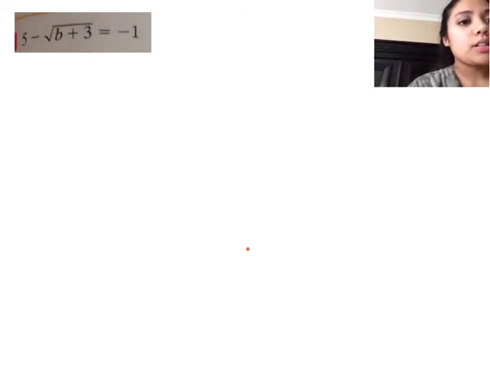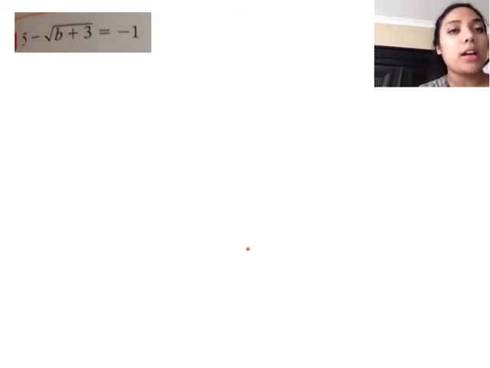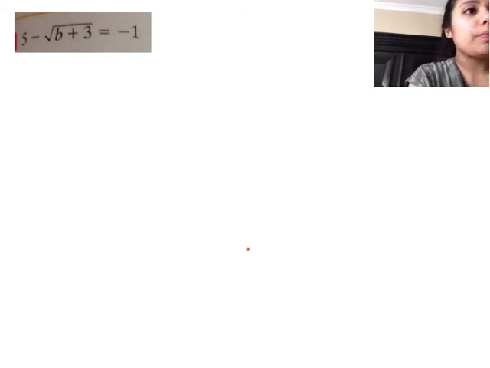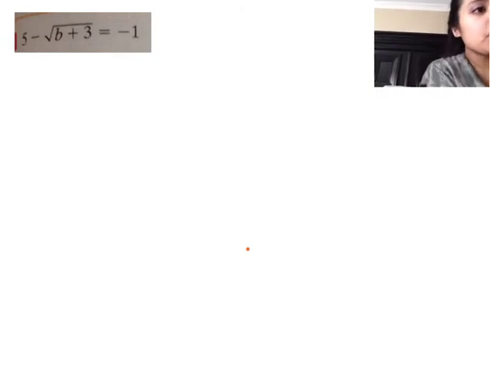I want to get b by itself, and I need to look at the number that is most by itself, that's on the same side of my variable. The number that's most by itself that's on the same side of my variable is a positive 5. So to get rid of a positive 5, I subtract 5 from both sides, so minus 5, minus 5.